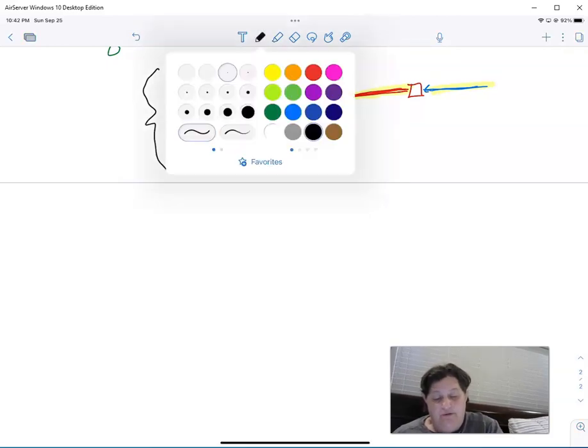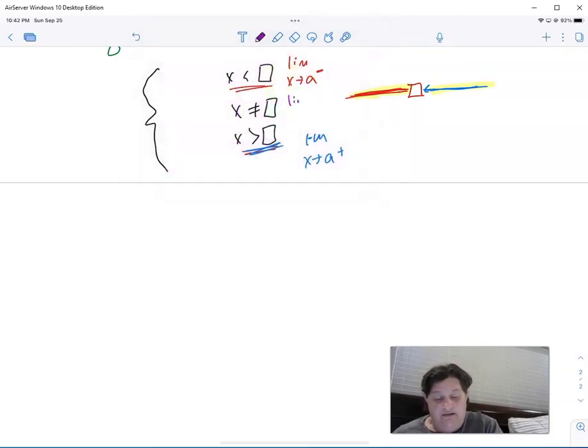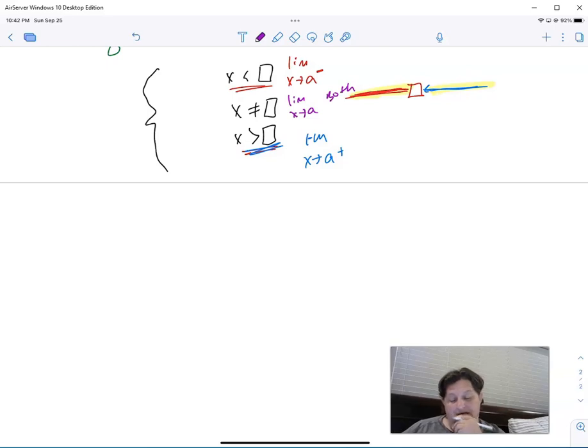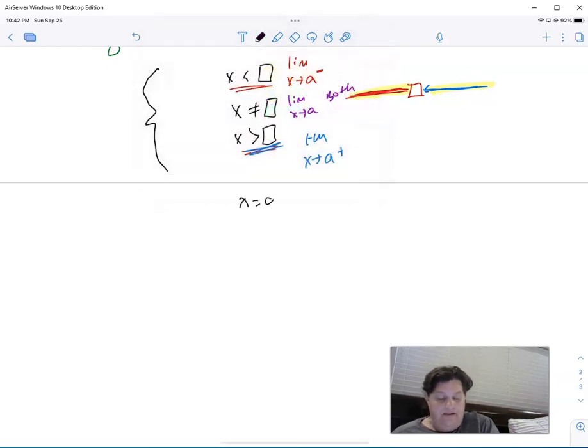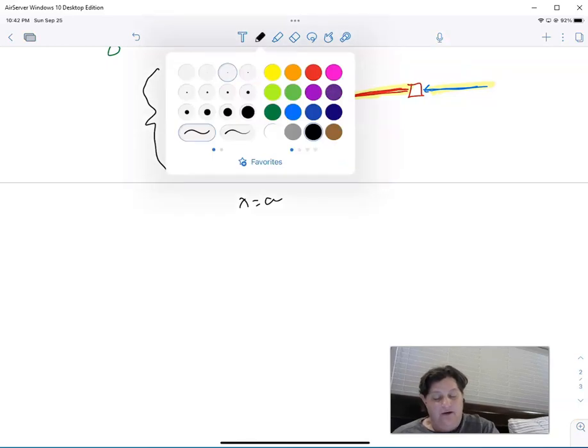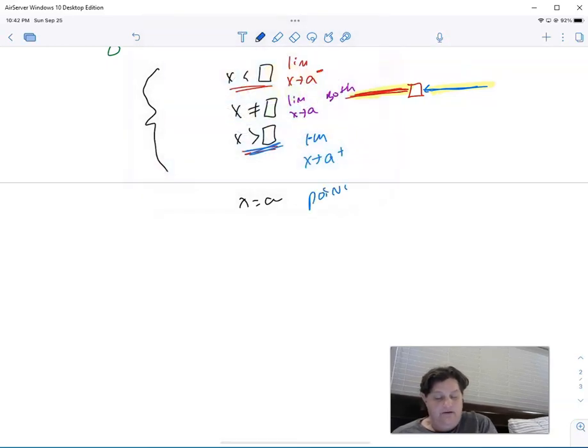That's actually both. This is the two-sided limit, the limit as x approaches a from both sides. So less than is from the left, greater than is from the right, does not equal is both sides. And anywhere that you see an x equals, that always represents the point, that exact point.